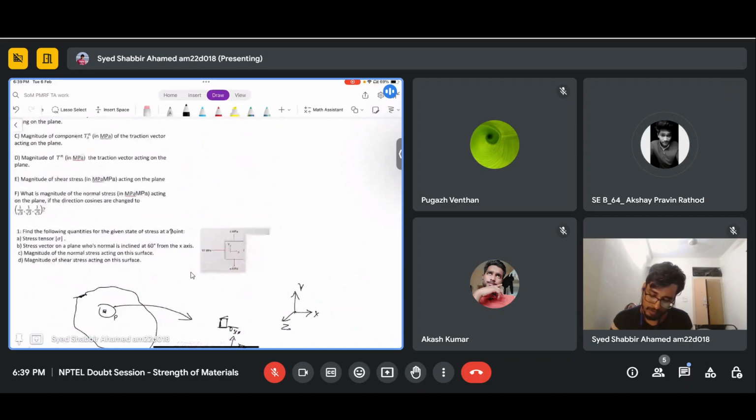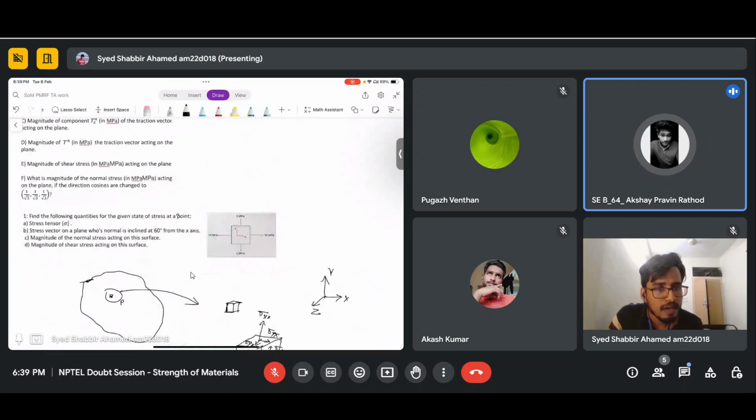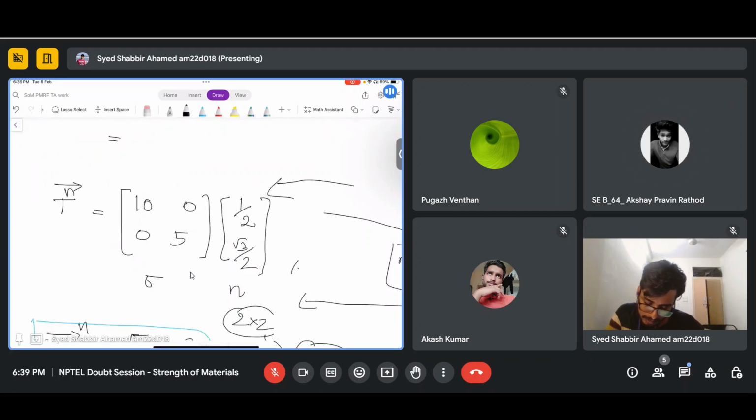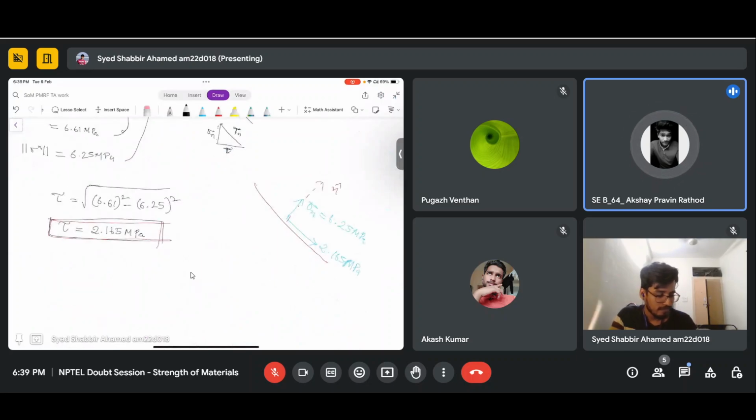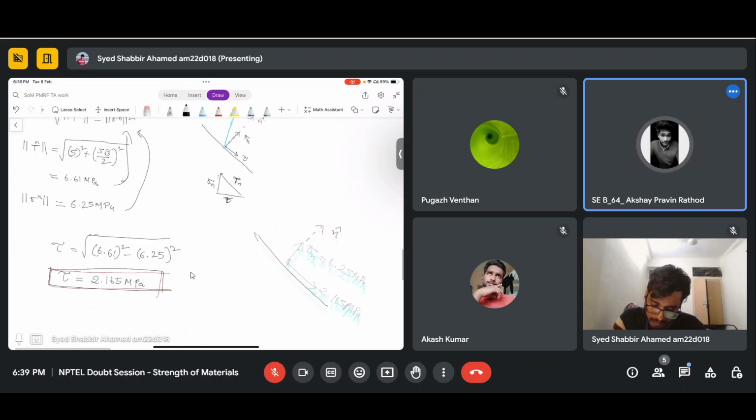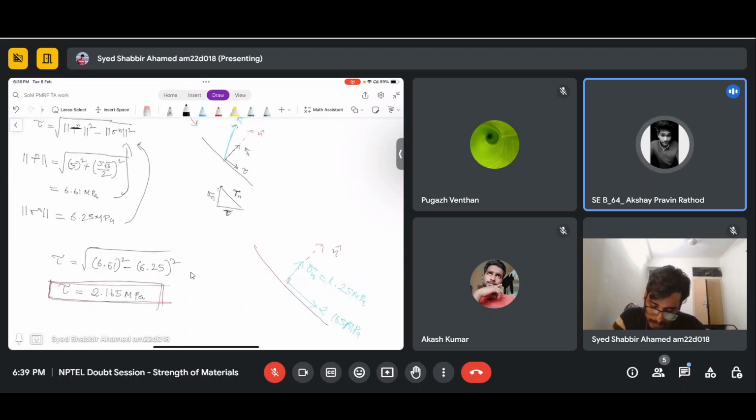This is the problem which we have solved. Actually, I'm getting a problem in the calculation. In the calculation of the shear stress, if you put the under root, for the normal stress I got 6.61.